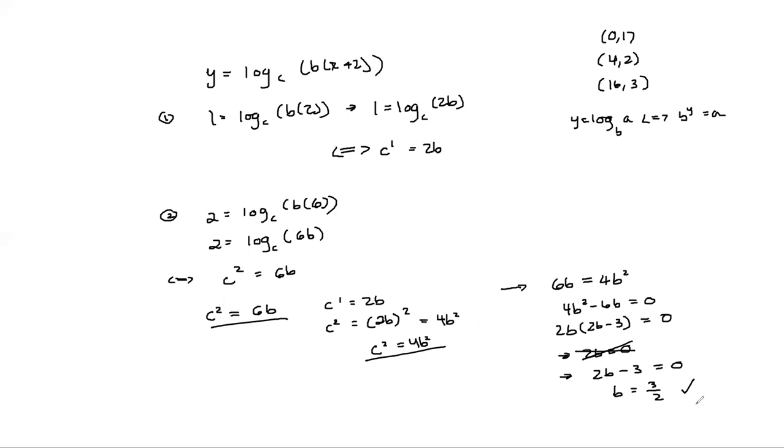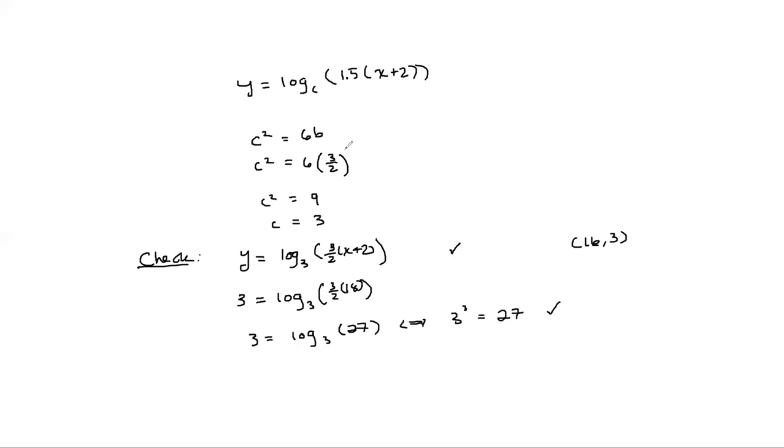And once we found the value of b, we were able to replug it in one of the old equations that we had and found the value of c, thus giving us both the value of b and c. Once we found our function, we could use the third point to check.